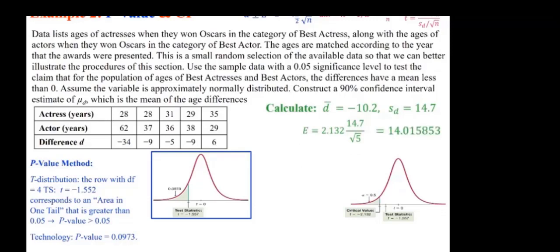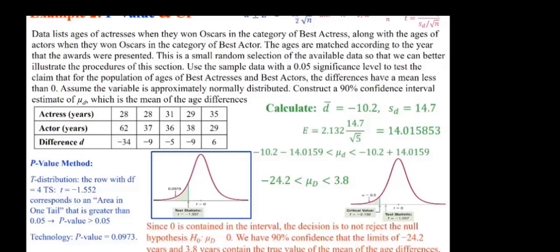D bar, or x bar, add and subtract this number. It results in mu sub d being between negative 24.2 and 3.8, so negative 24.2 less than mu sub d less than 3.8. It contains 0 and it gives you the same result.